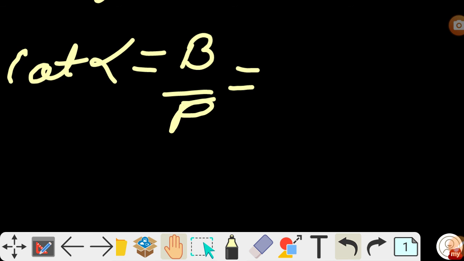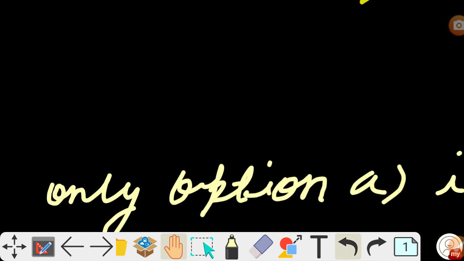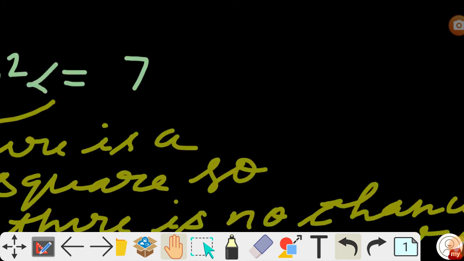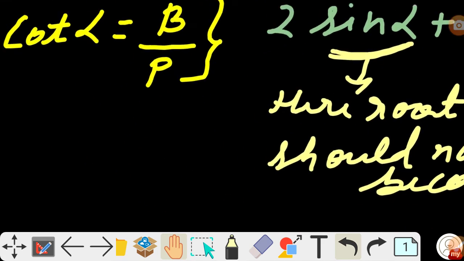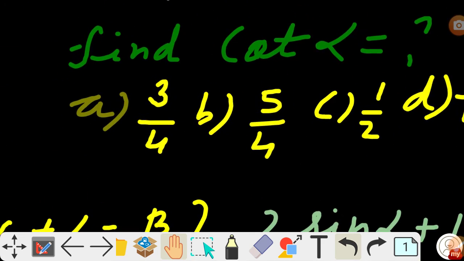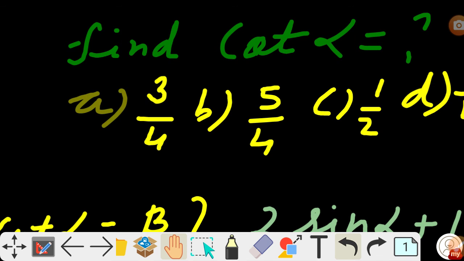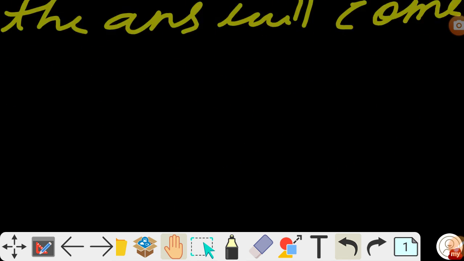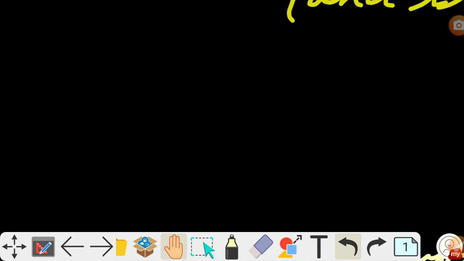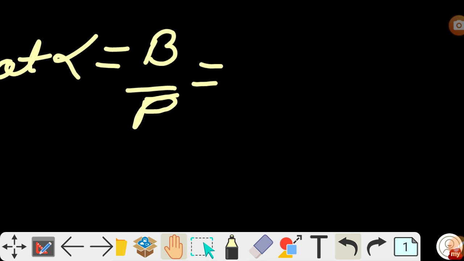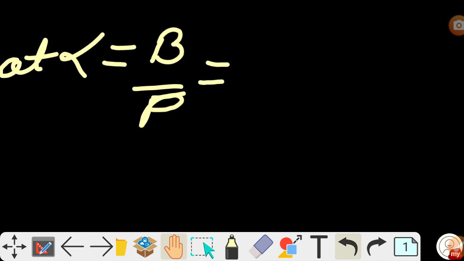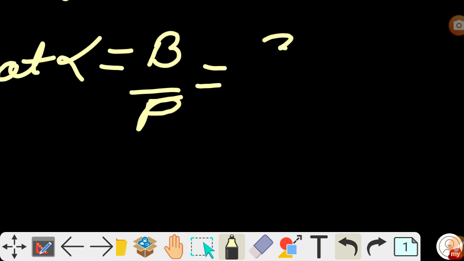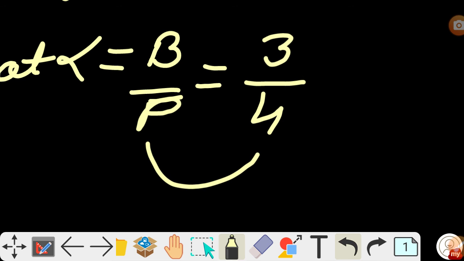So first take option A, where we have 3 upon 4. So cot alpha equal to 3 upon 4. It becomes perpendicular and this becomes base.